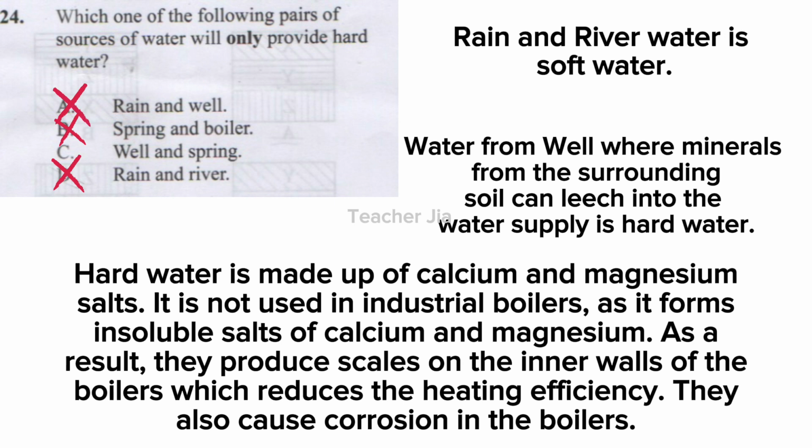So choice A has rain and well, so rain has spoiled that, so it's wrong. Spring and boiler has spoiled that, so it's wrong. Well is a hard water in spring. Rain has spoiled choice D, so our answer is choice C.